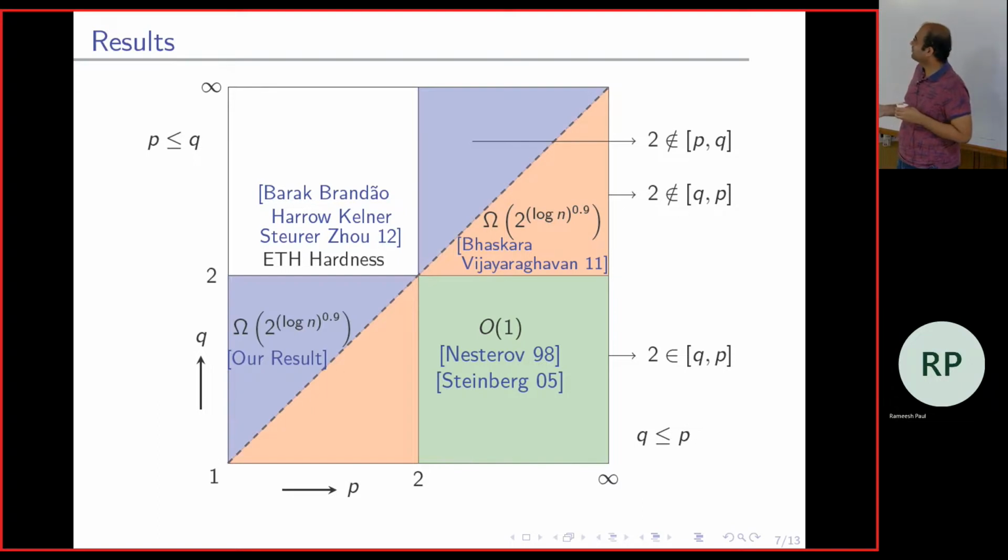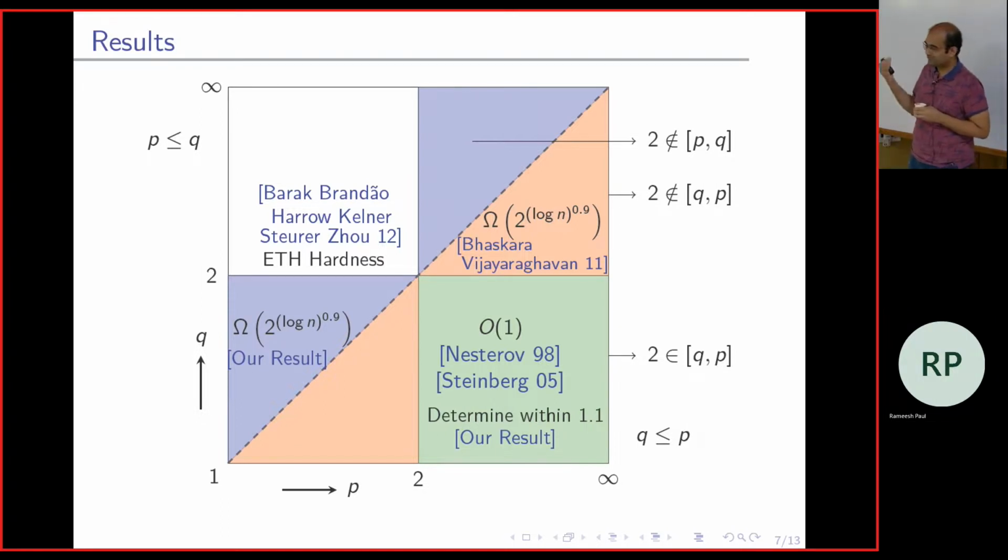Okay, so we prove a new NP-hardness for this reason, and this is assuming NP is not in randomized polynomial time, and we can in fact determine this constant within 1 plus some number like 10 to the minus 10.